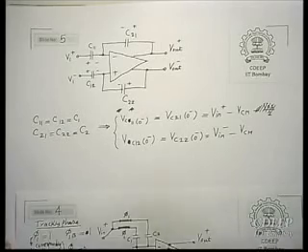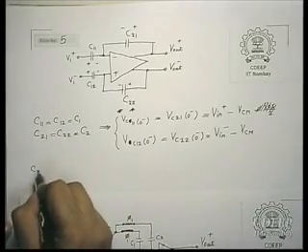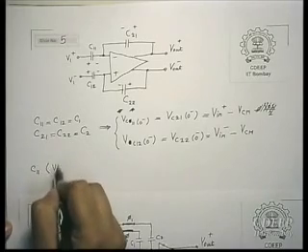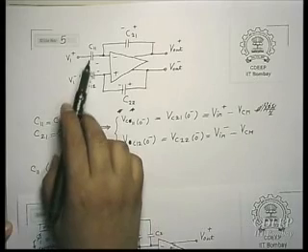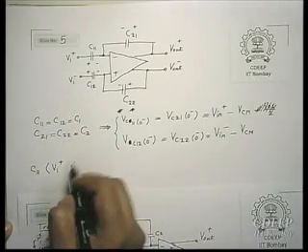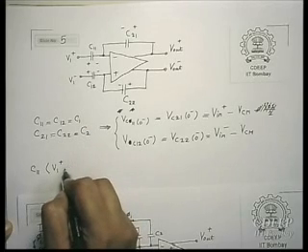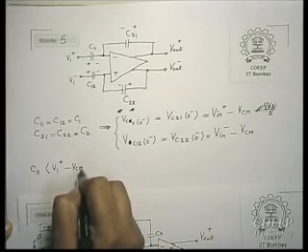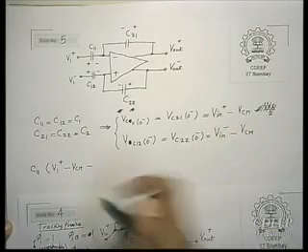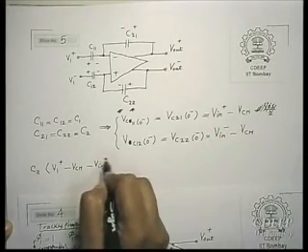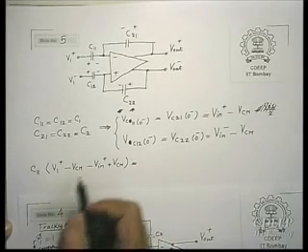So again we use that charge transfer principle. The amount of change in the charge stored on the capacitor C11: the new value will be V1 plus minus V common mode, and the original value was V in plus minus V common mode. So this is the amount of change for capacitor C11.